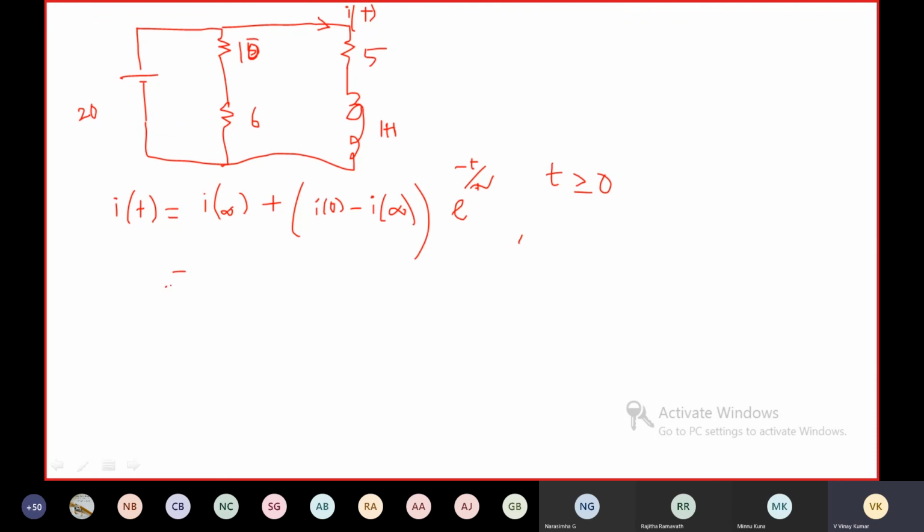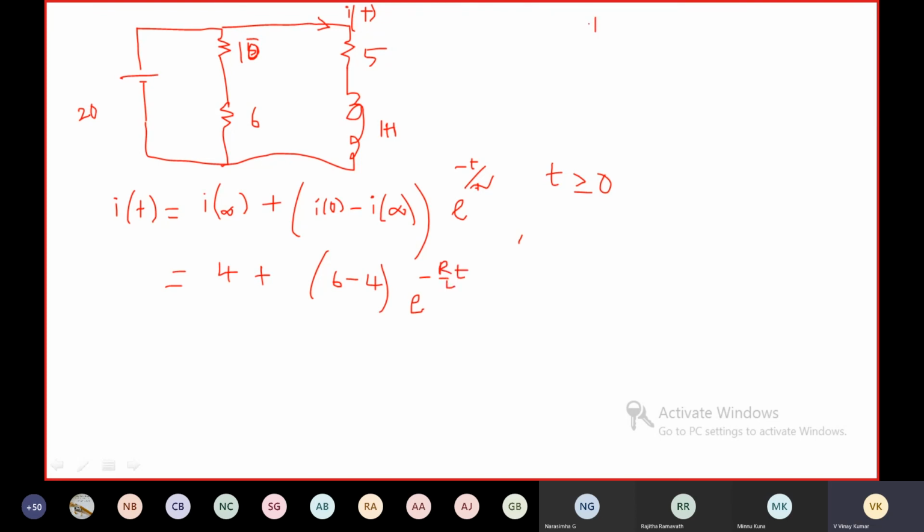I of infinity is 4, plus I of 0 is 6, so 6 minus 4, times e power minus R by L into t.